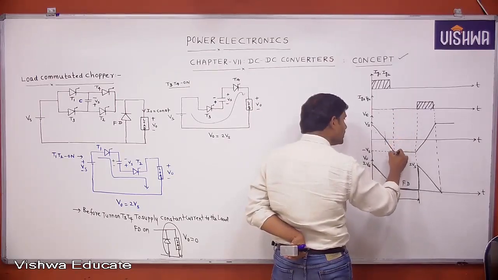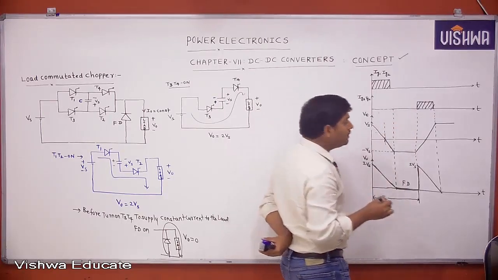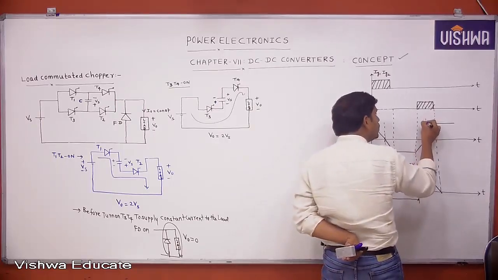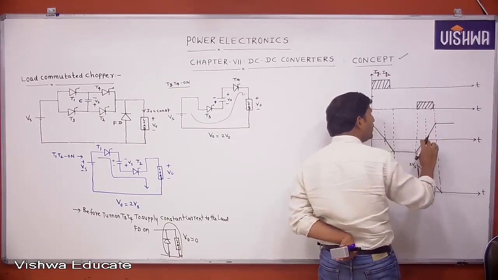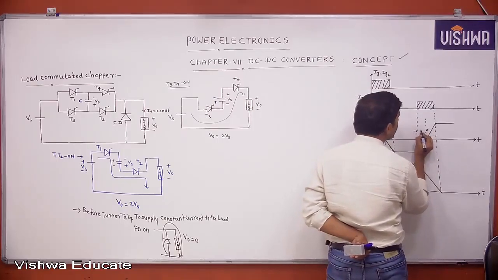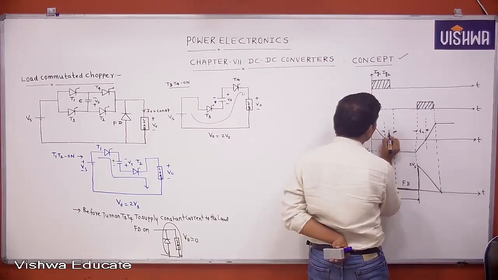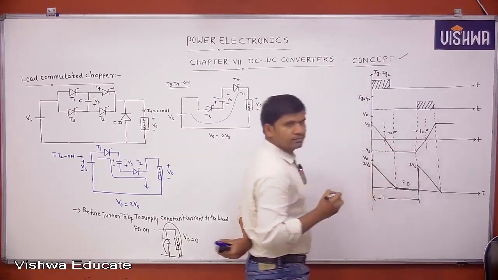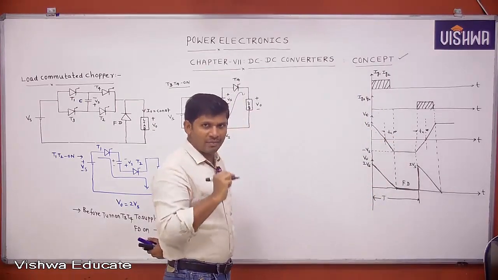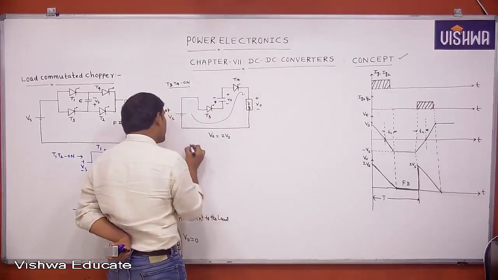Then for T1, T2 this is negative voltage. That's why this time is taken as the circuit turn-off time, and this is also taken as the circuit turn-off time, with respect to one device.